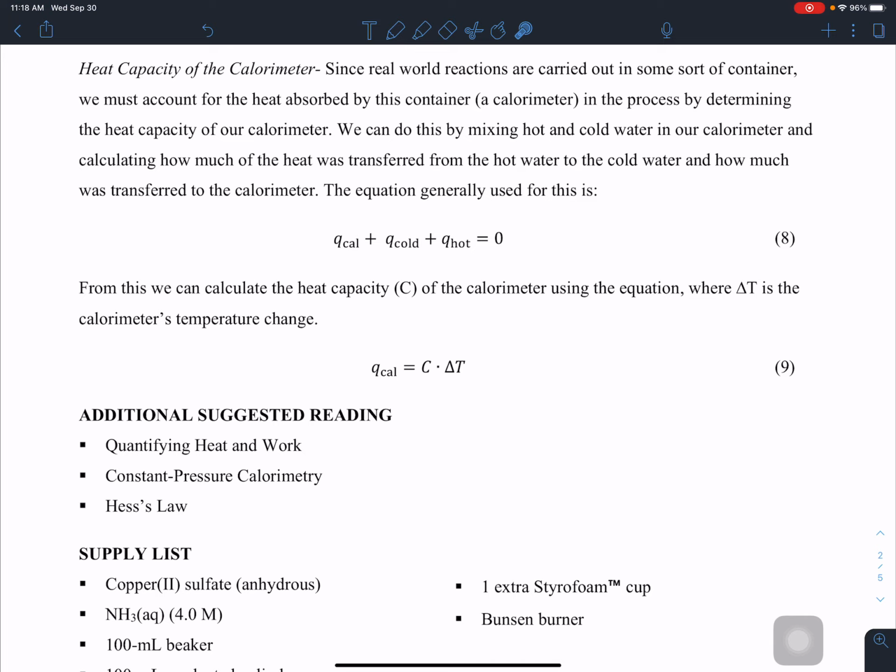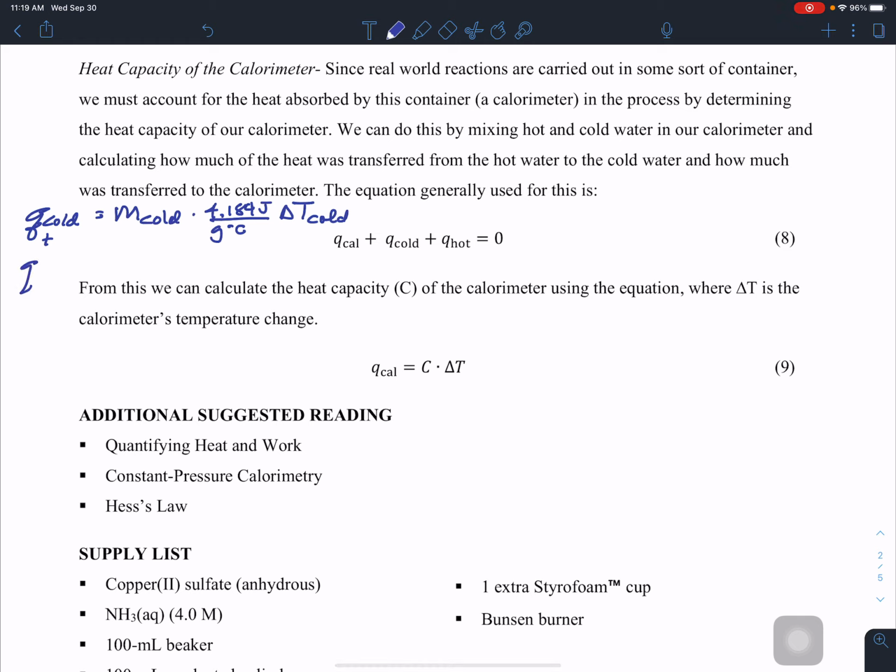So here we can calculate Q for the hot water and the cold water based on their temperature changes. So Q for the cold water is the mass of the cold water times the specific heat capacity of the cold water, which being water is 4.184 joules per gram degree Celsius, times the temperature change for the cold water. That's going to be a positive number because the cold water is warming up.